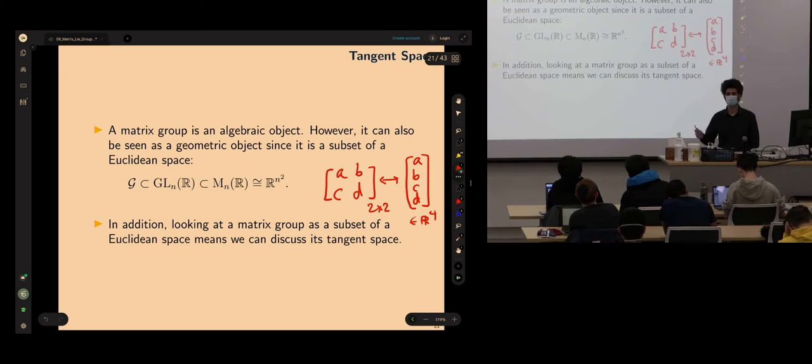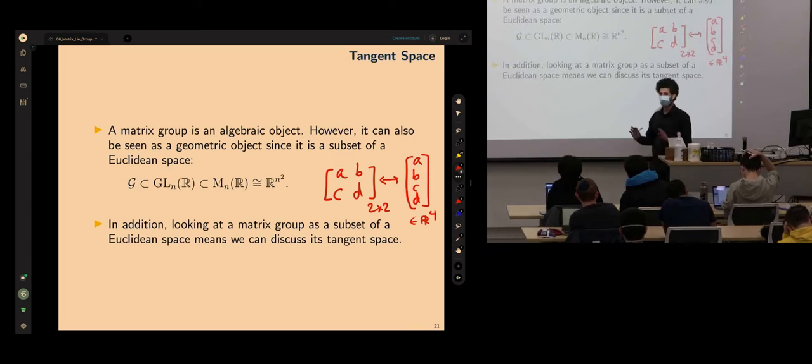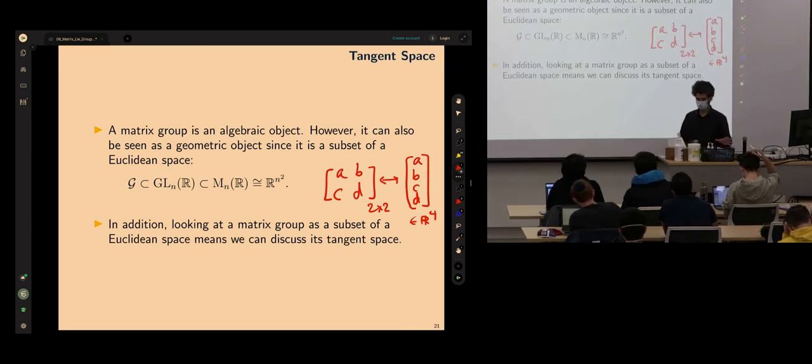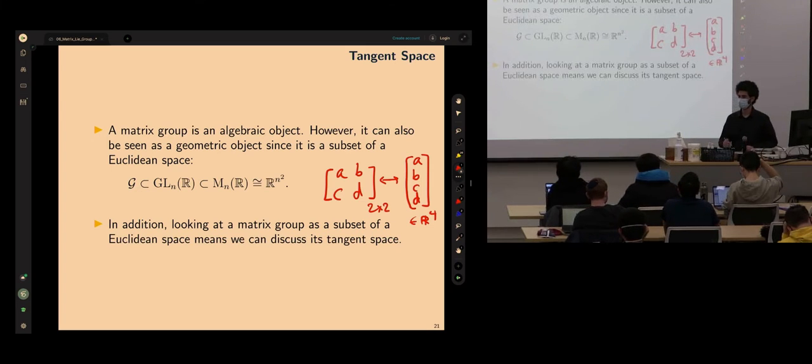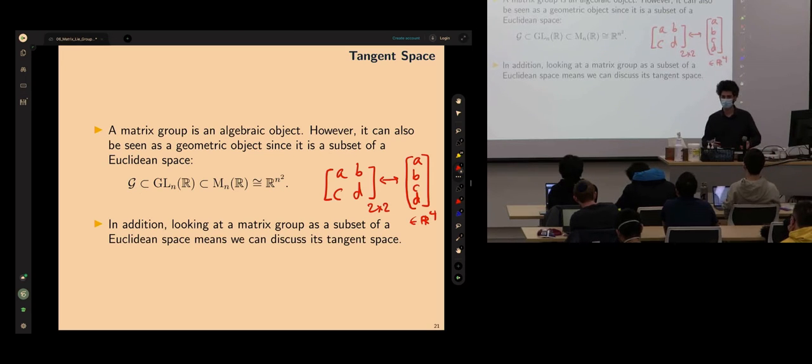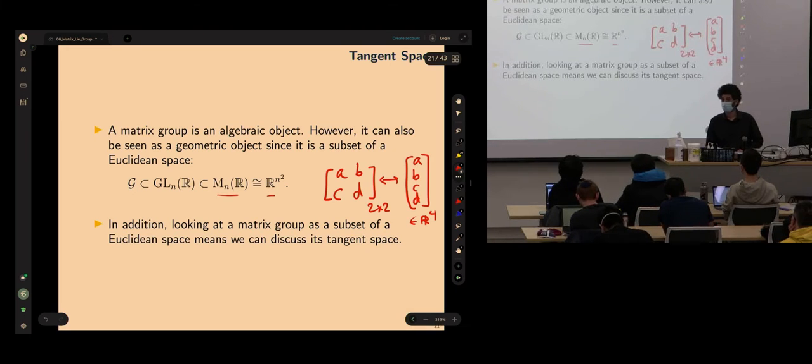And then you can work in a 4-dimensional space. You might not do this operation, or for whatever reason you're comfortable working with the 2 by 2 arrangement, but there's a clear isomorphism. You can go back and forth without losing anything. So you can think about your 2 by 2 matrix as R4.